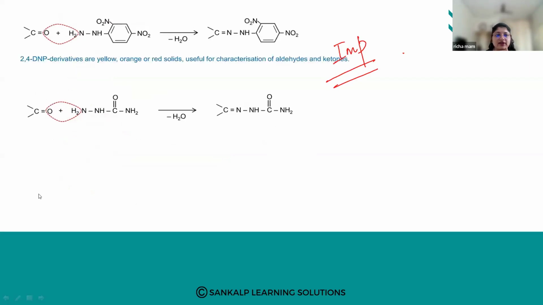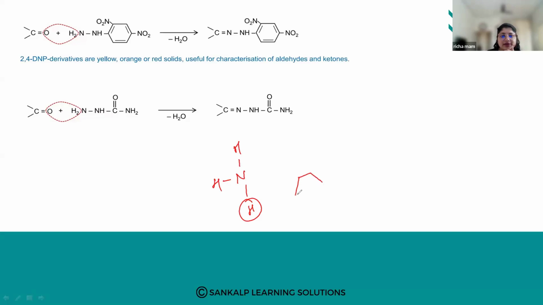Next you have again, what is happening here? Again, an ammonia derivative is there. One of the hydrogens is replaced by a phenyl derivative, that is 2,4-dinitrophenyl, so an NH group.